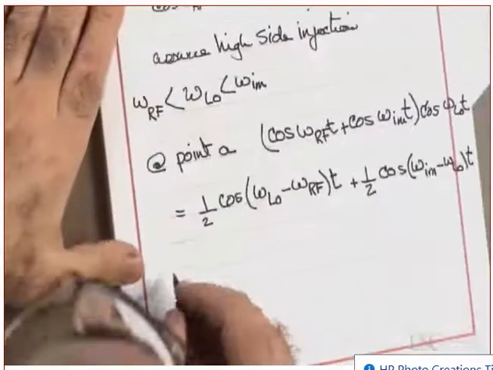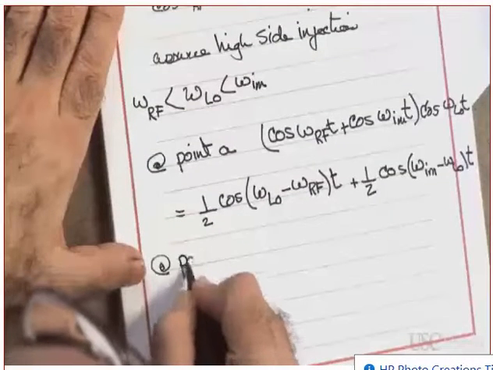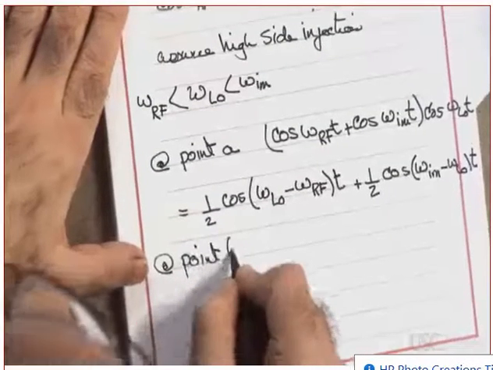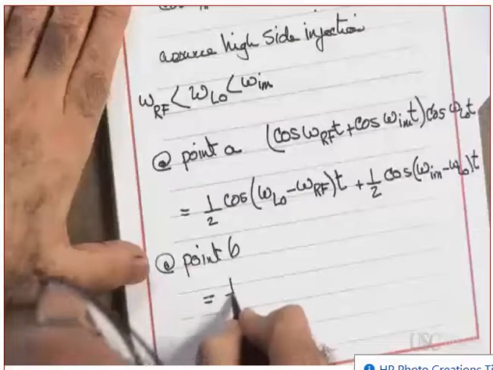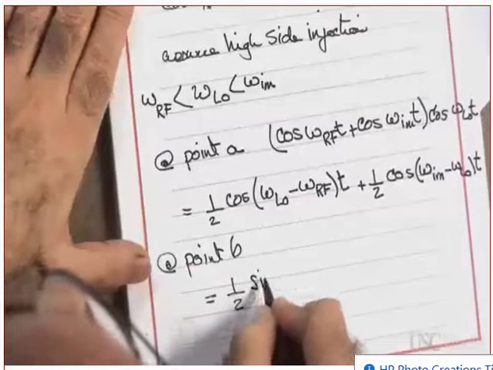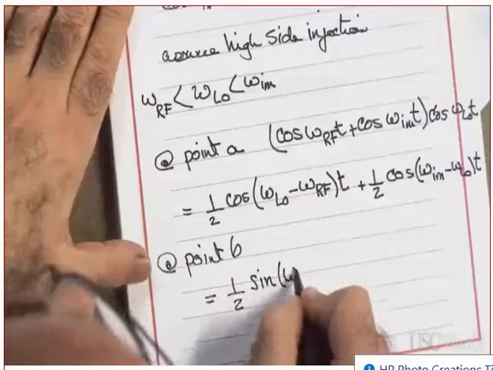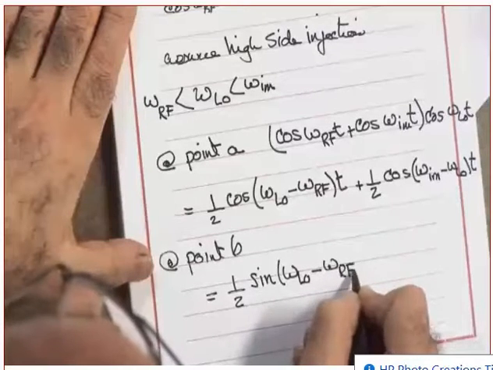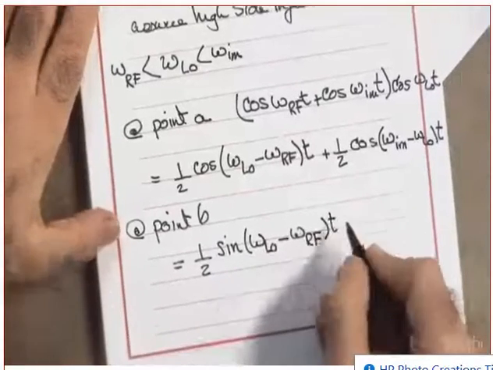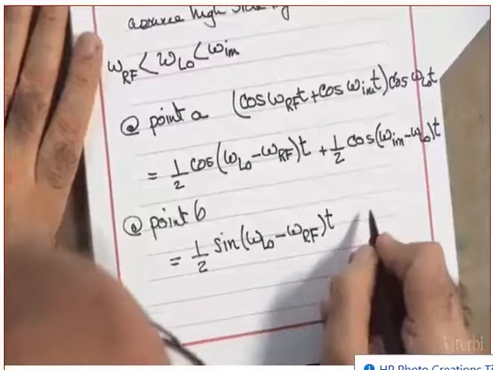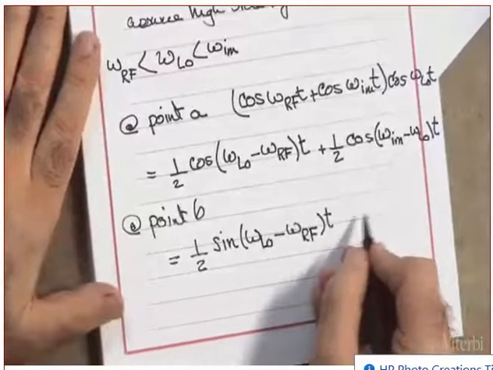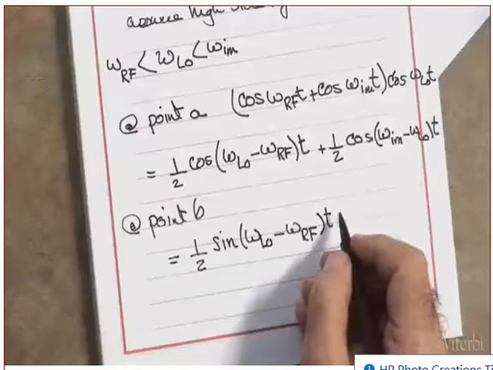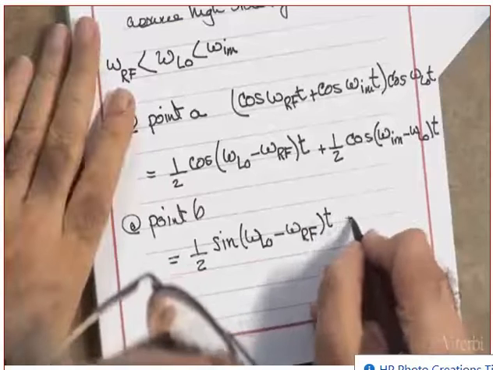So at point B, we have the following: 1/2 sine omega LO minus omega RF t. The sum is filtered out.